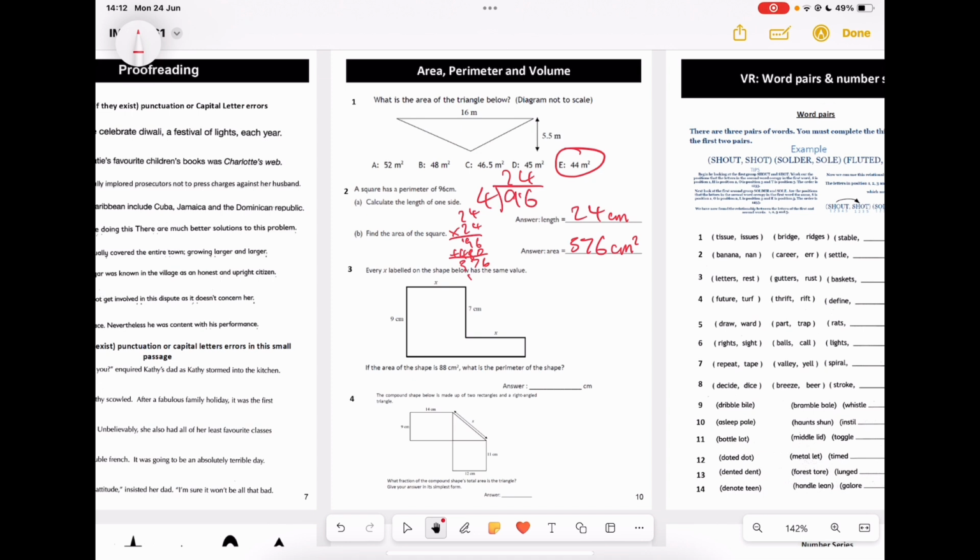Okay, next we have every x labelled on the shape below has the same value. So, the value of the x doesn't change. Then, if the area of the shape is 88 centimeters squared, what's the perimeter? So what we have to do here is take the information that we know.